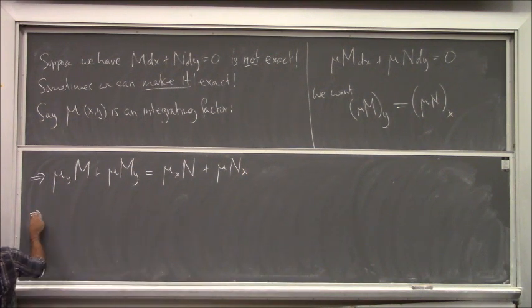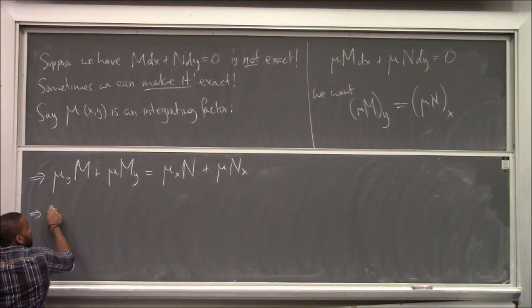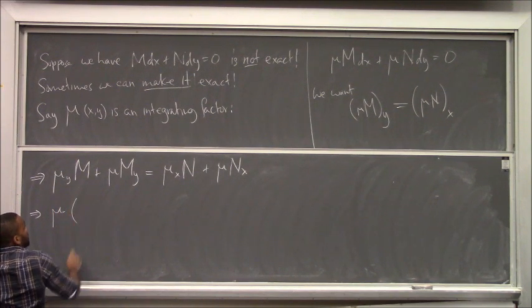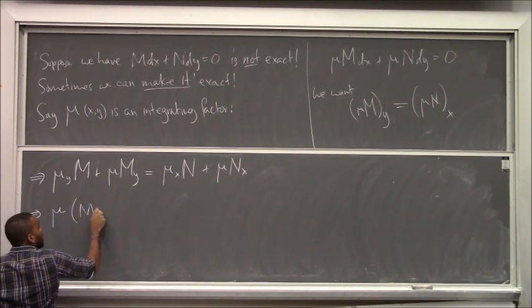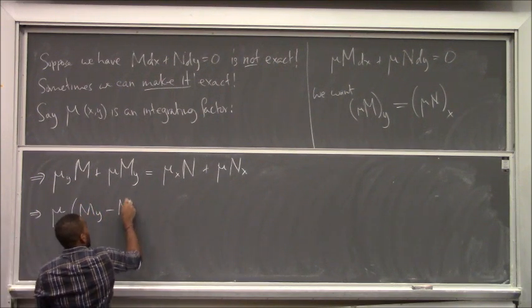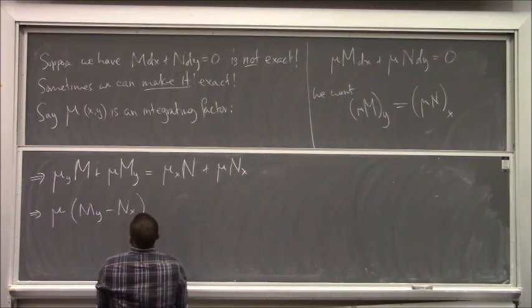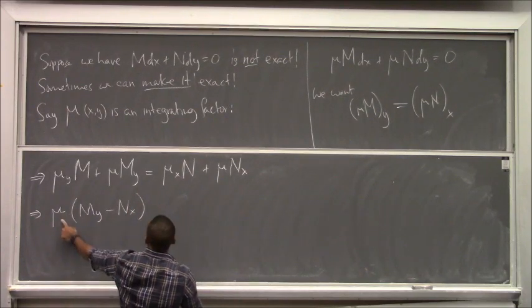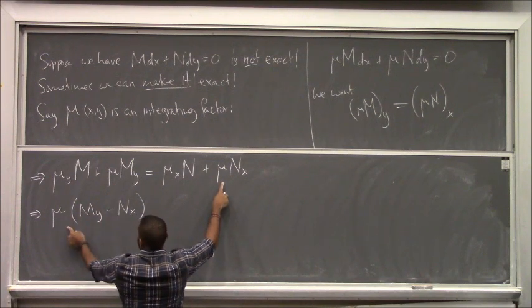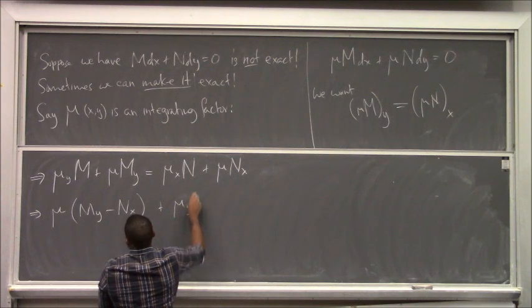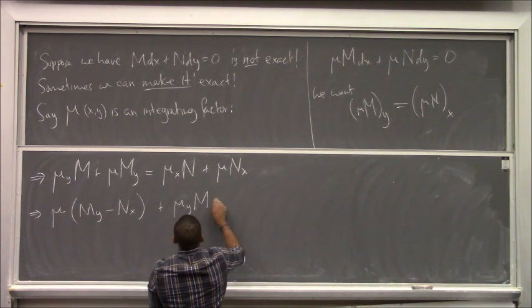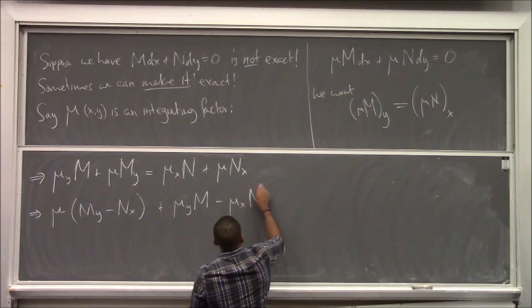In other words, it needs to be the product rule for us to use it. Let's do mu times M sub y minus N sub x. I'm just bringing everything to one side. These two have mu in them, so I just factored out the common mu, plus mu sub y times M minus mu sub x times N equals 0.